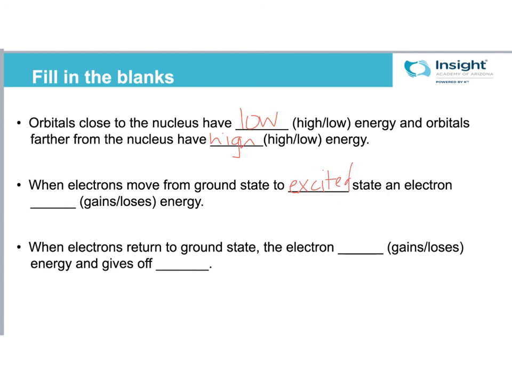When the electron goes from a lower orbital to a higher orbital, so it's going from low energy to high energy, it has to gain some energy. Then when the electrons return to ground state, that electron loses that energy it gained. And we can tell this has happened because that energy is given off as light.